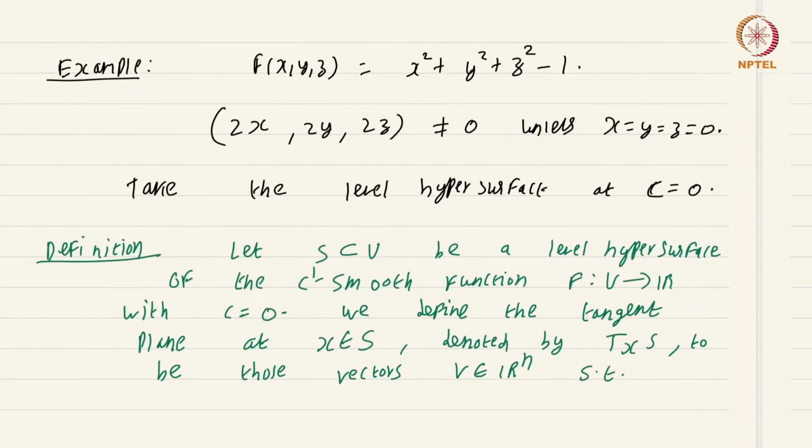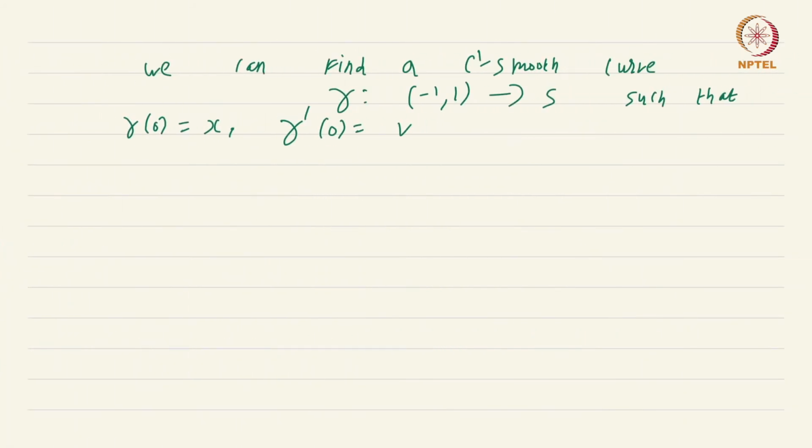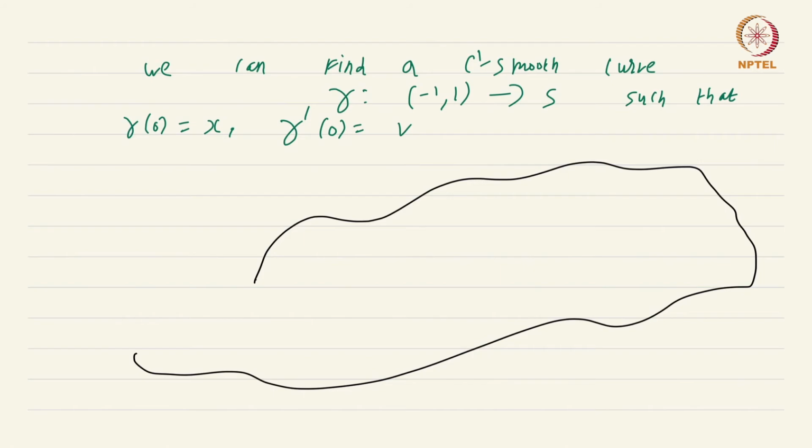So what is this definition saying? You want to define what the tangent plane at the point X on this level hypersurface is. Let's draw a crude picture. We have something like this in space. This is supposed to be our level hypersurface.